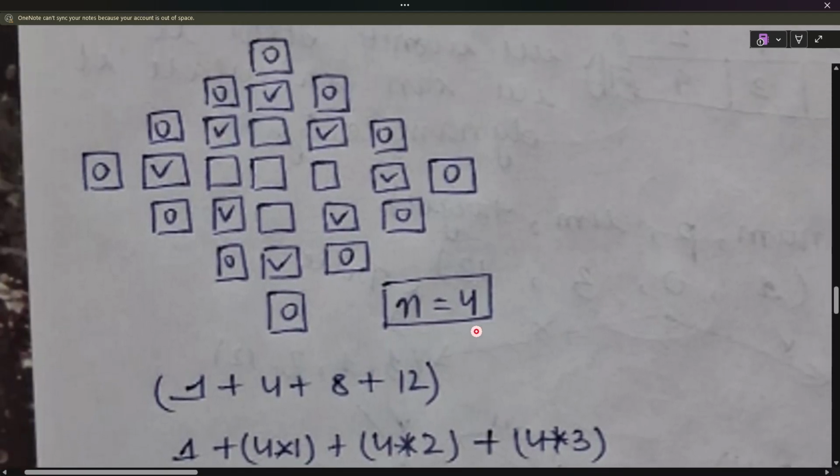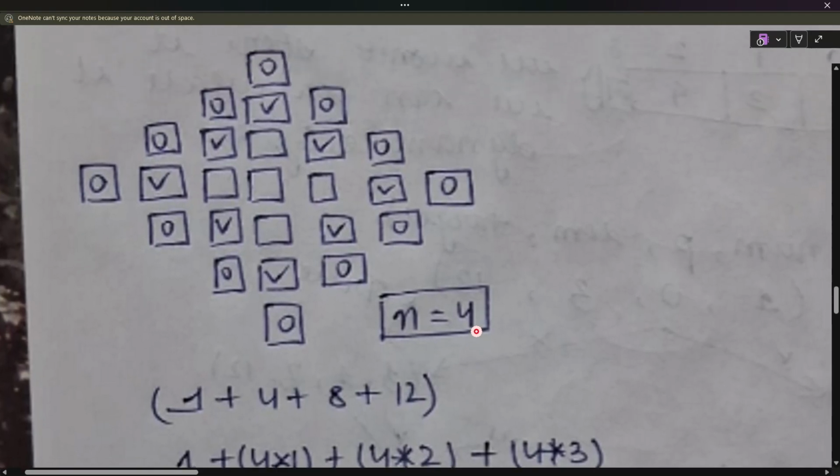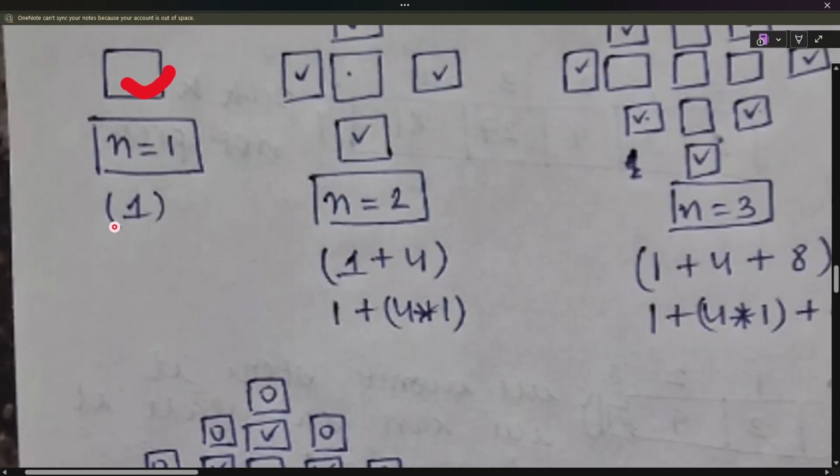What's the pattern? We start from 1 in all the cases, and we go up to n minus 1.